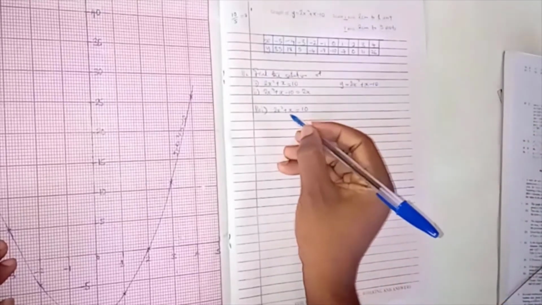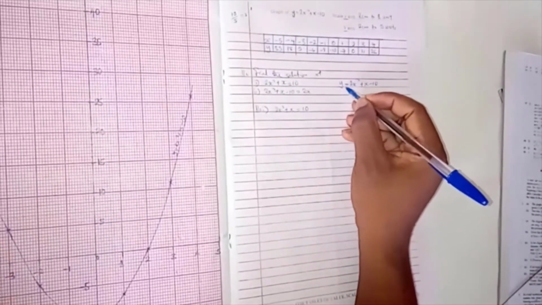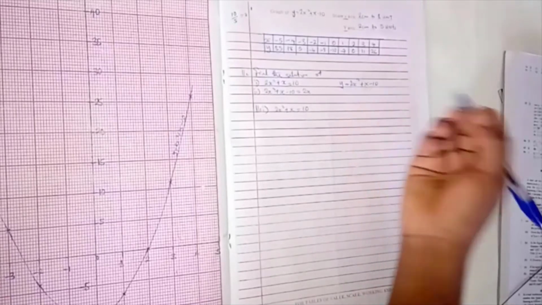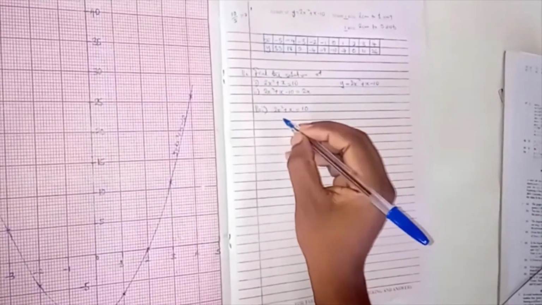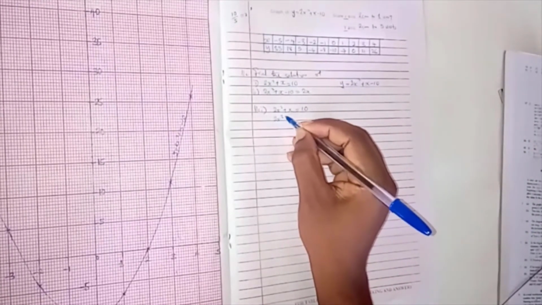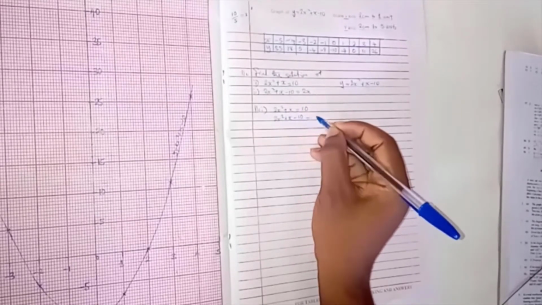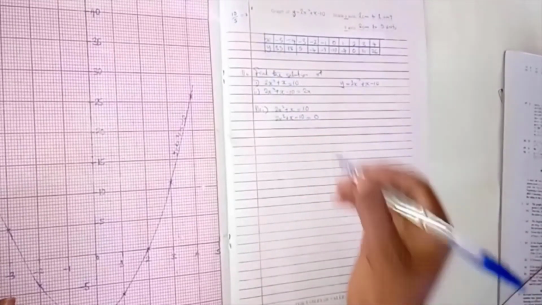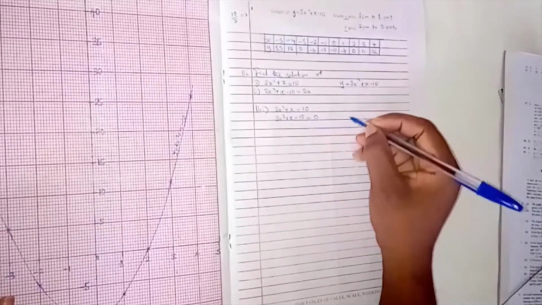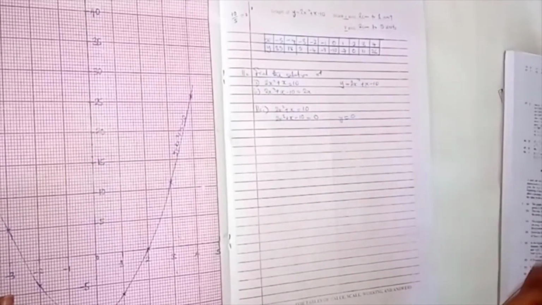In doing that, we are going to have 2x squared plus x, taking 10 to this side, we have minus 10 equal to, we are going to be left with what? A 0. So it means here that y is equal to 0. Okay, so y equal to 0.